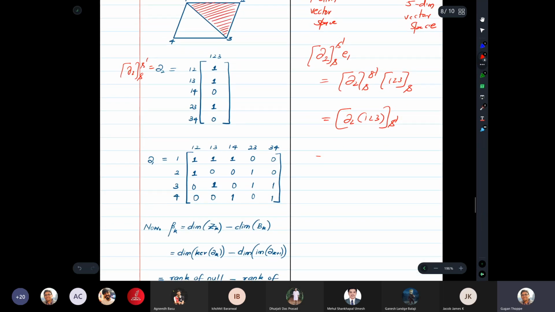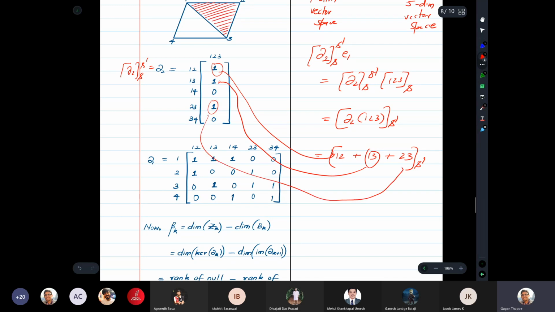So this is 1, 2 plus 1, 3 plus 2, 3, and we find its coordinates with respect to S prime. That is exactly what I have written here. There is a 1 corresponding to 1, 2, a 1 corresponding to 1, 3, and a 1 corresponding to 2, 3, and all other coordinates are 0. Is this okay?